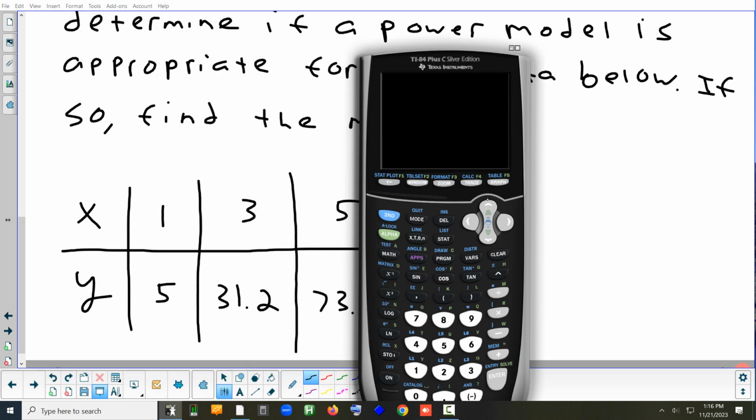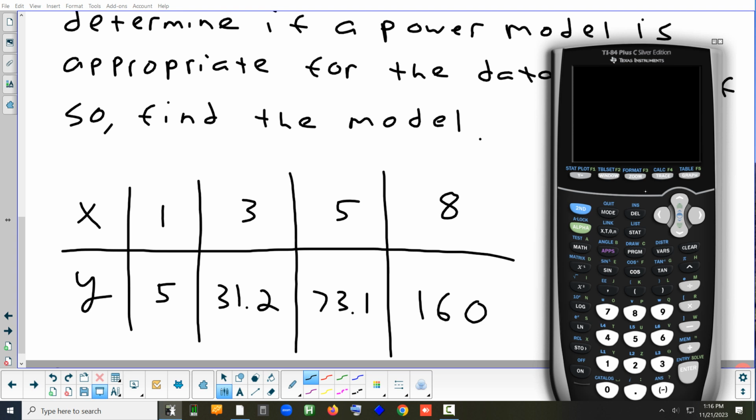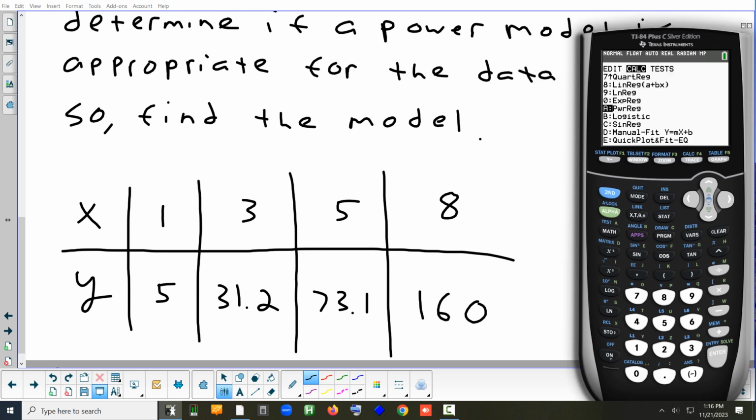Okay. Because I don't want to have to take the ln of 8 numbers separately, I'm just going to go to stat on the calculator. And after you go to stat, go to edit. It's the first option under when you press stat. If you have anything in there, highlight the numbers that are in there and just press delete.